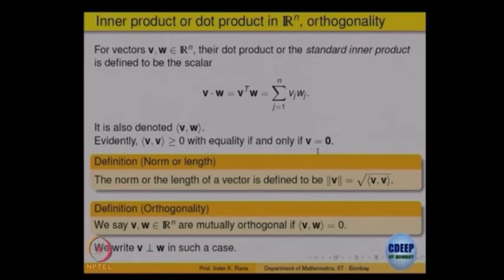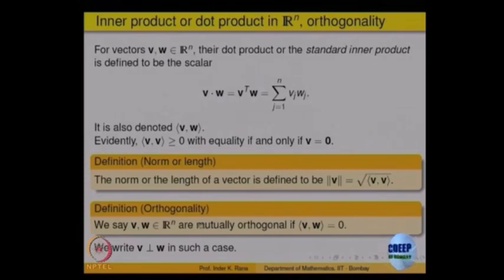This is also called the norm or the length of the vector. The magnitude in R2 and R3 we now call the norm of the vector, or the length of that vector. So, the inner product of v with v gives you the square root of the sum of vi squared.